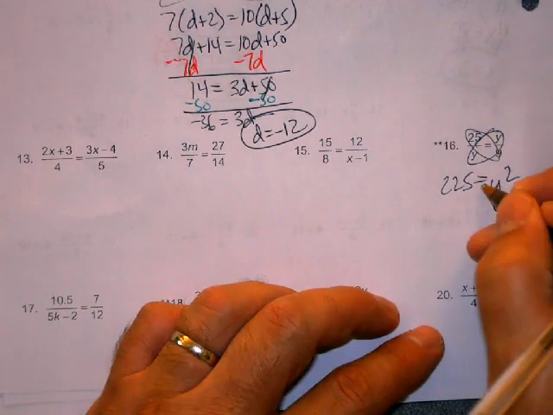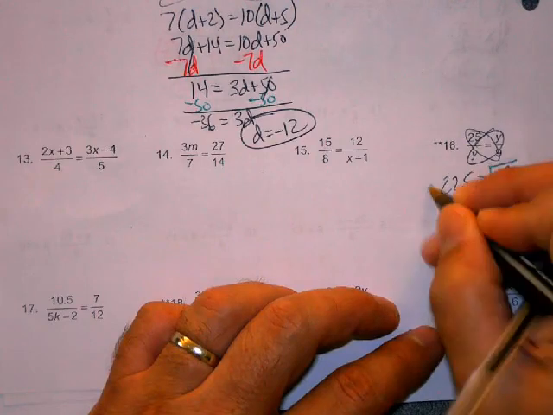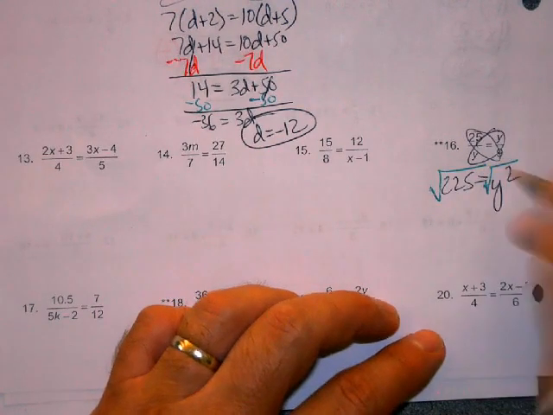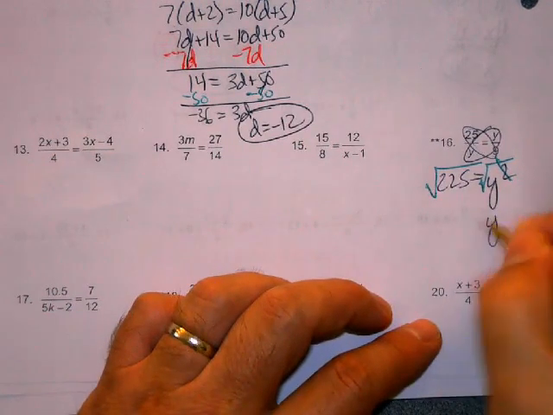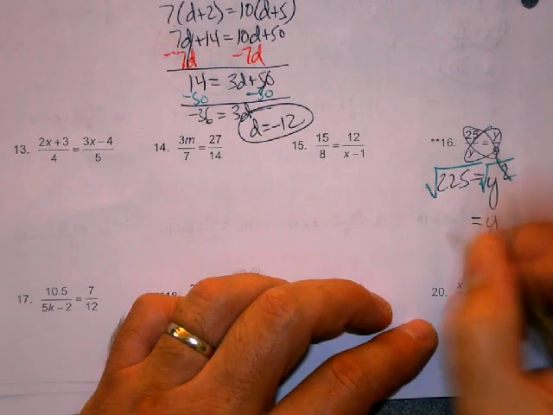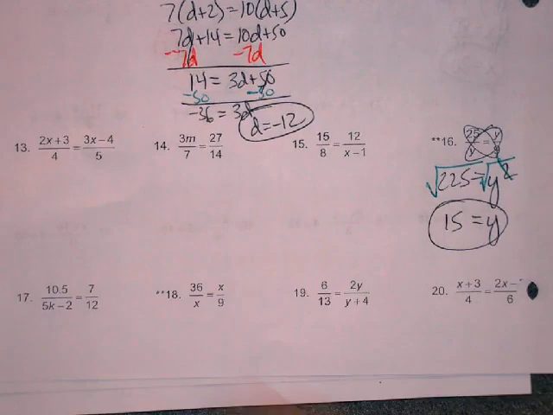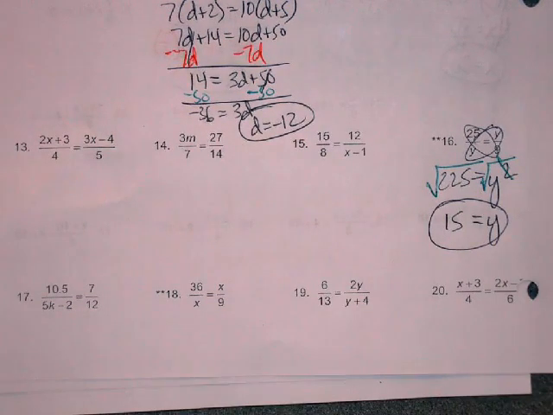But if I'm not sure what that value is, I need to take the square root of it to cancel the squared, and the square root of 225 is 15. So again, be cautious. Be very, very cautious when you're checking those out.